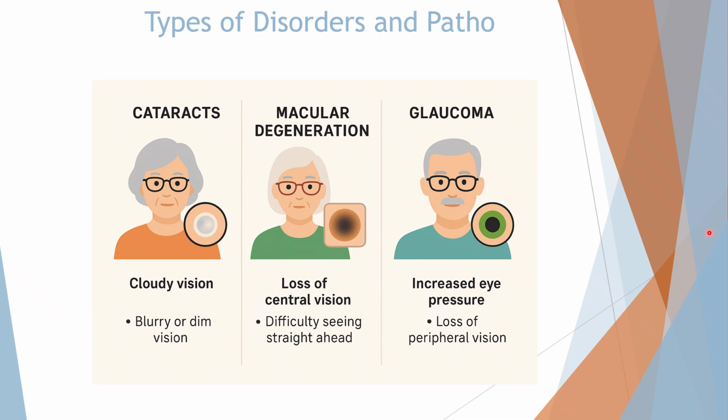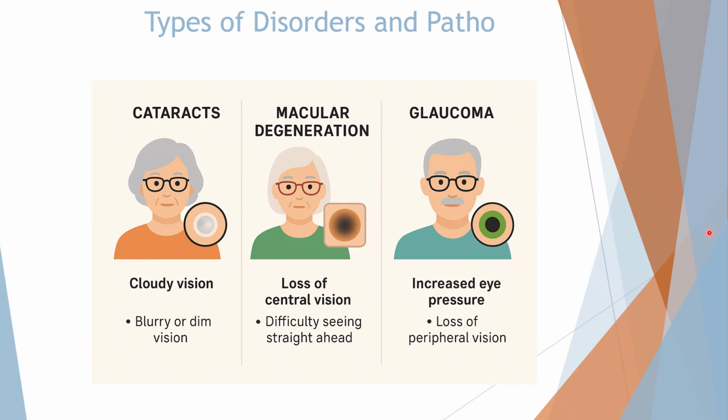So it can be related to age or just generalized issues with central vision. They're going to have difficulty seeing straight on. Okay. And we'll talk about some clinical manifestations that they might report.